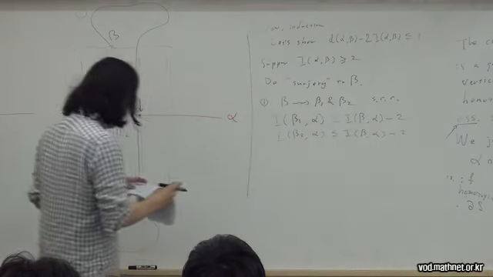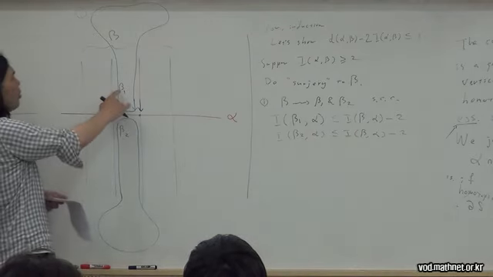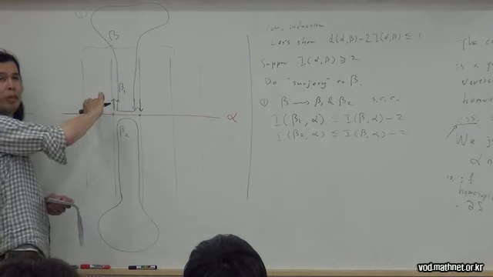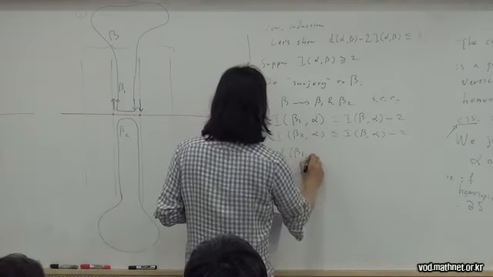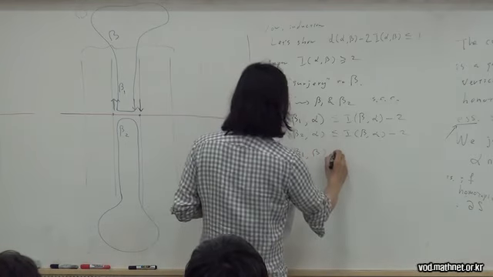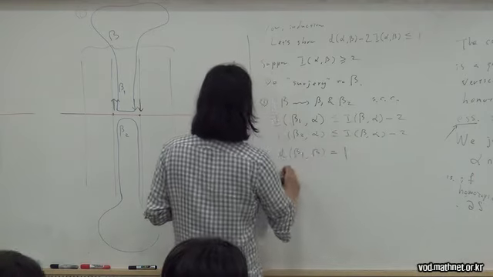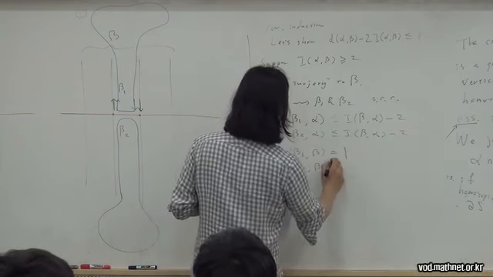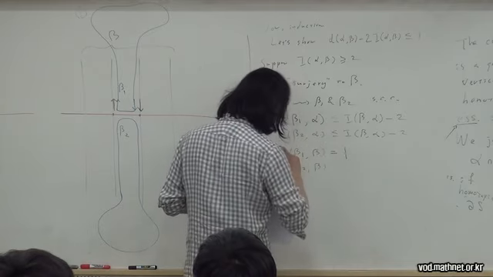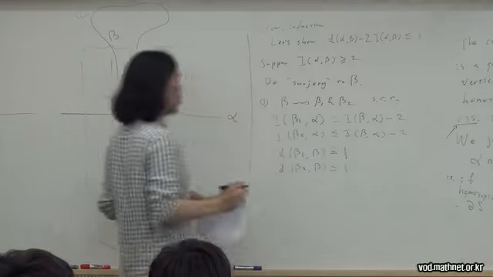Okay? On the other hand, beta 1 is disjoint from beta. So beta is disjoint from it. That means this is 1, or at most 1. Okay. Beta 2, well, 1. Okay, because they are disjoint.